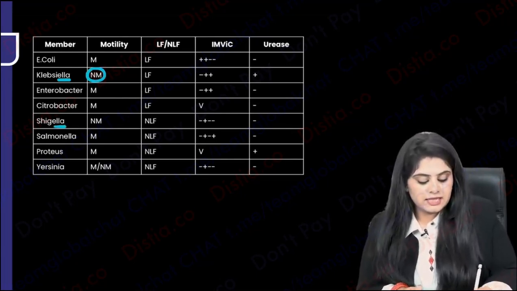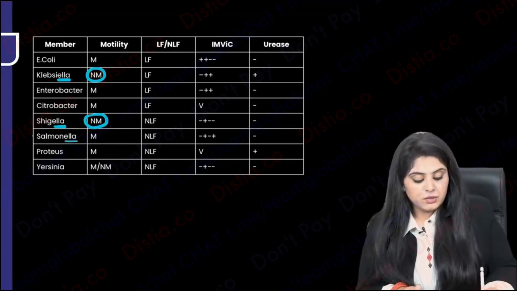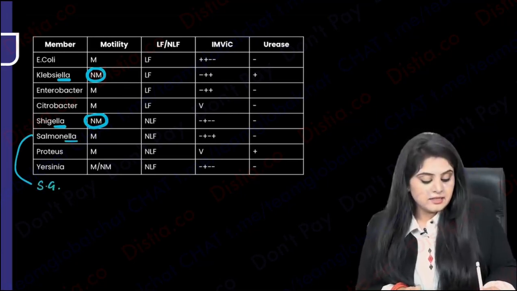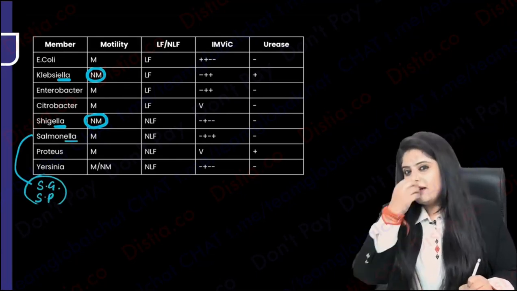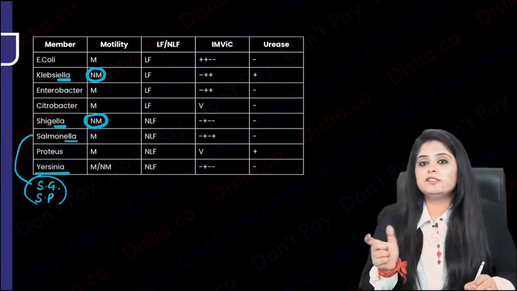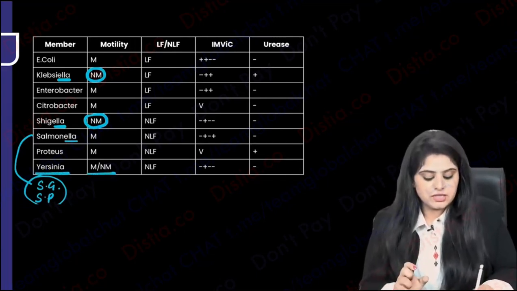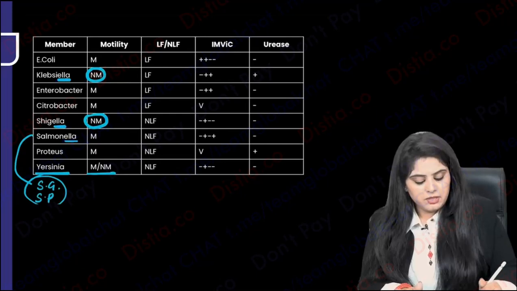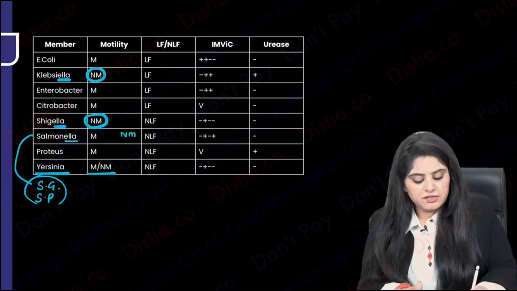Salmonella is motile, but I told you in Salmonella there are Gallinarum and Pullorum. Salmonella Gallinarum and Salmonella Pullorum are the ones that are non-motile. The rare Salmonella are non-motile, and Yersinia we had studied, Yersiniosis, Listeriosis, differential motility. May or may not be motile. So basically the Shigella and Klebsiella are going to be non-motile. Salmonella may be, of course, the rare ones.